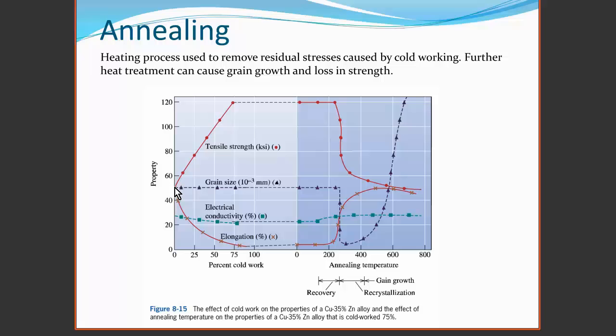So let's apply that to this problem. What we need to do is we realize that in the final diameter, we know that RF is equal to 3 millimeters. I would like to find RI, which is the intermediate diameter. Let me sketch it out so it's easy for you.